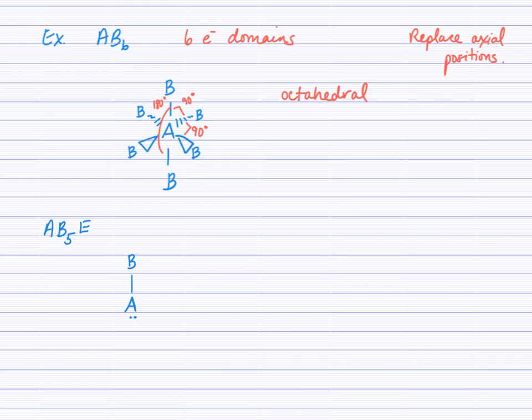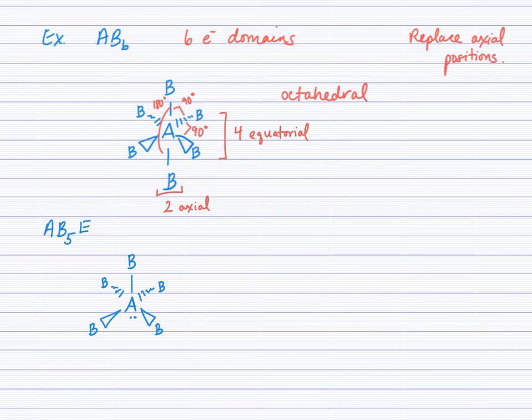So I chose the top one, the north point of the axis, if you will. And then we show the same 4 equatorial positions coming out here. And it might be worth labeling to recognize the 4 equatorial and the fact that there are 2 axial, your north and south.